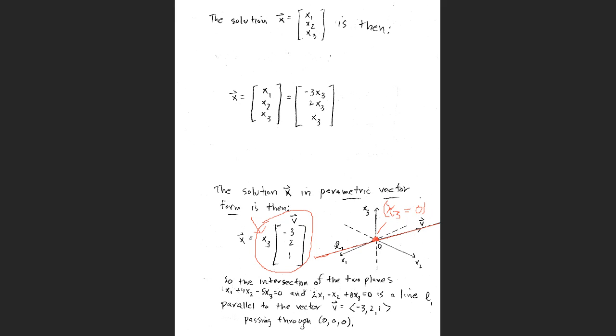All right, let me pick another point. What about that point right there at the tip of v? What is the value of x3 at that point on the line? Good, Hung, it equals 1. Because 1 times v equals v.